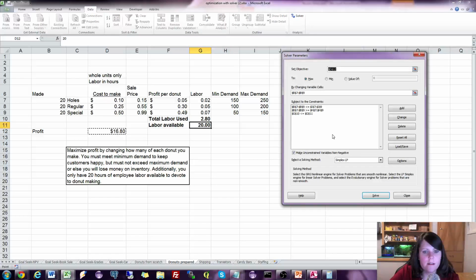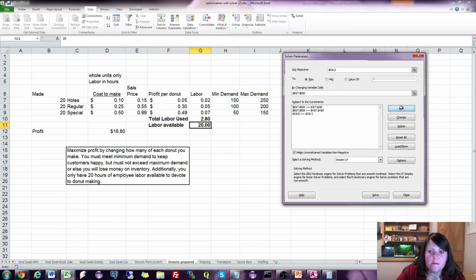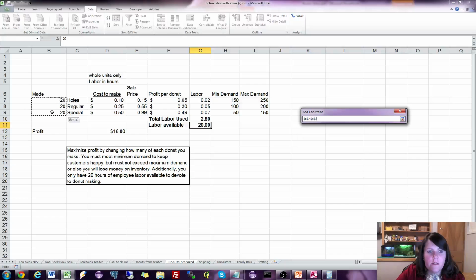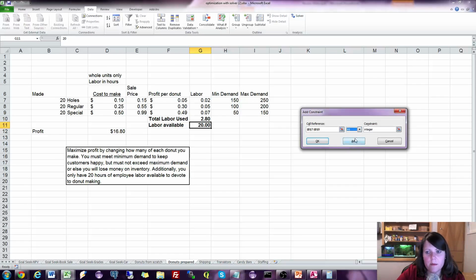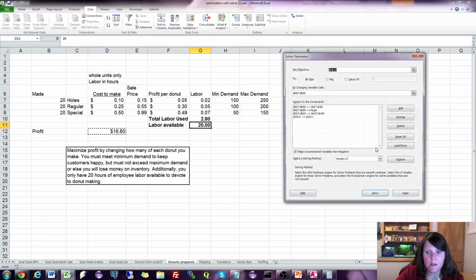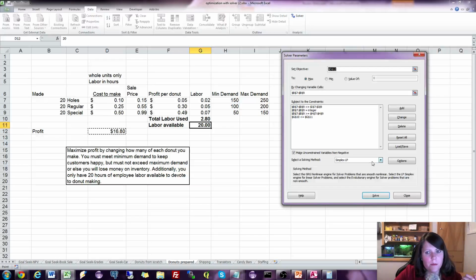And you have to think about whether the thing you're dealing with needs to be an integer. If it is, then we also need to add the integer constraint. So the number that we're making has got to be an integer. I think a few people might have missed this on their Solver project.